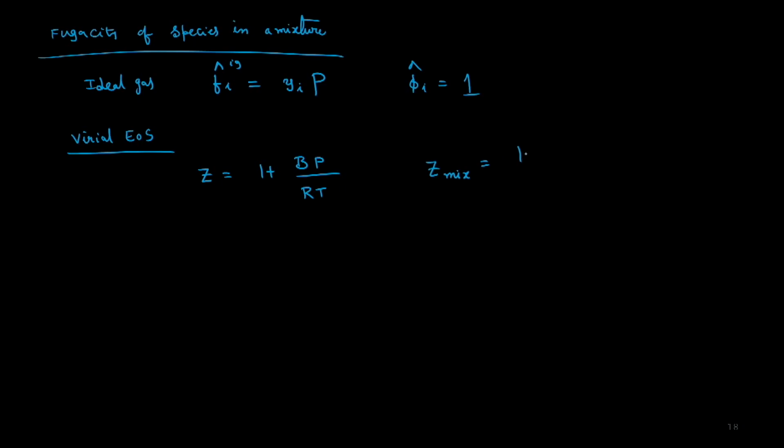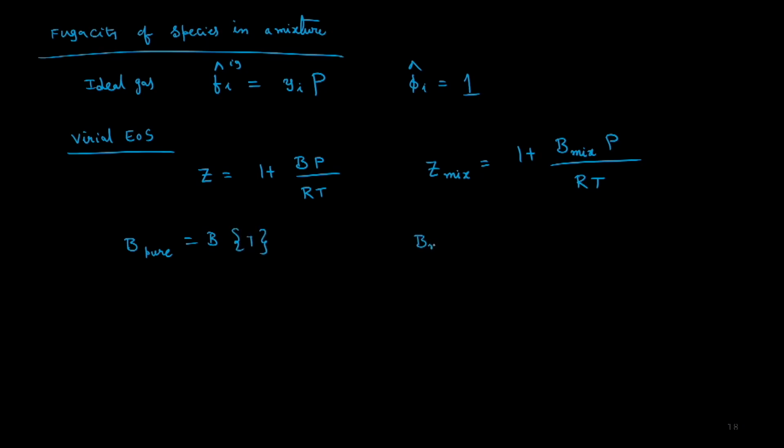I can write an analogous equation for a mixture. The compressibility factor for the mixture is going to be 1 plus B for the mixture, P over RT. Recall that the second virial coefficient in case of a pure species is only a function of temperature. B pure is only a function of temperature.